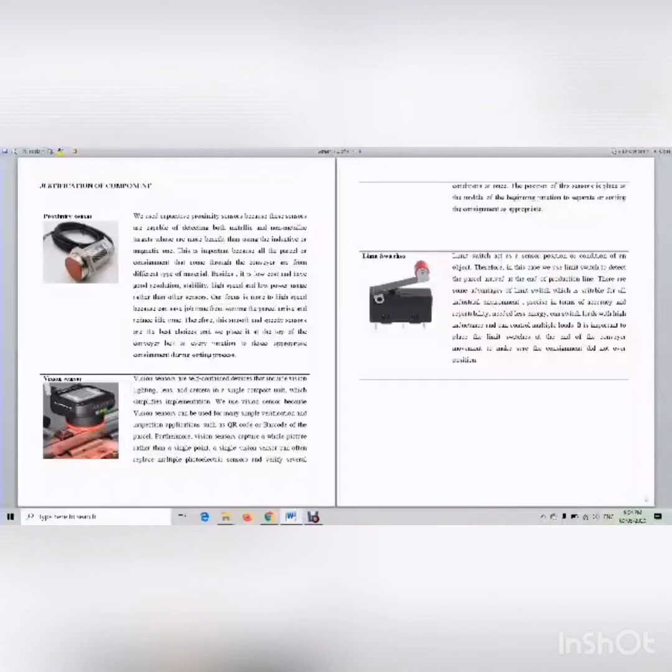Next component is the limit switch. The limit switch acts as a sensor for the position and condition of an object. We put the limit switch at the end, after the sorting process of the parcel, so the parcel will not overpass or terkeluar daripada conveyor belt tersebut.